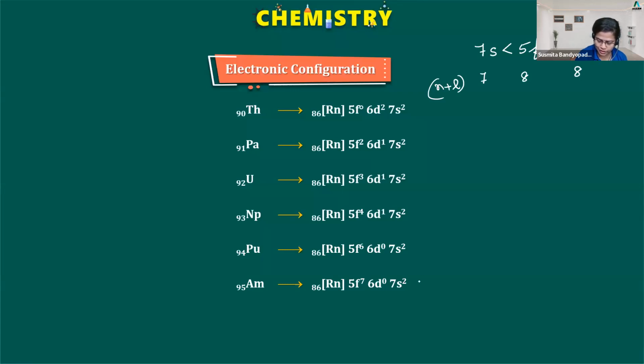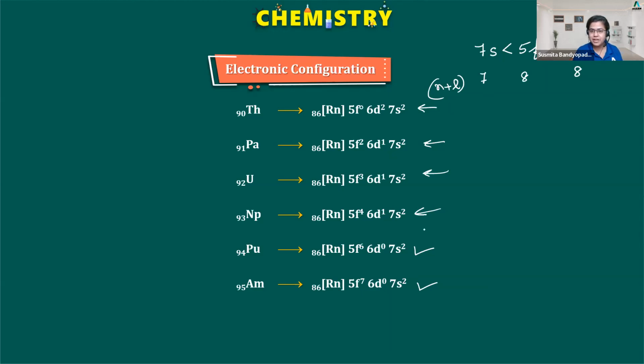This is following. Not following. Not following. The explanation given in the text is that there is not much energy difference between 5f and 6s, and hence this anomaly. Here there is nothing in 5f and it goes directly into 6d.